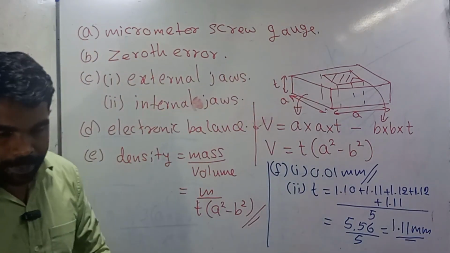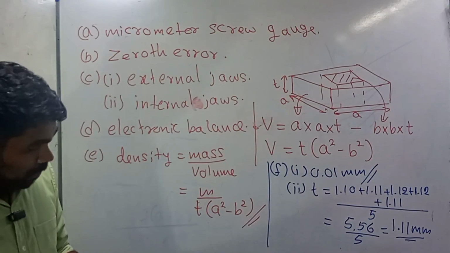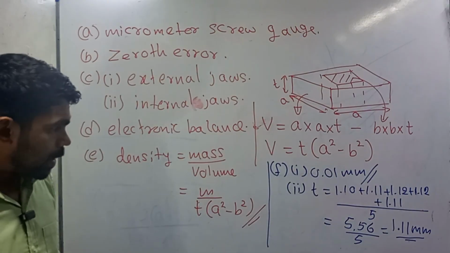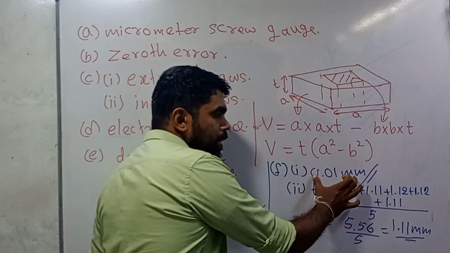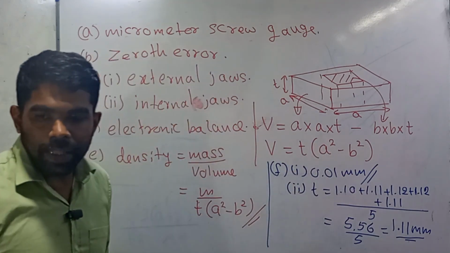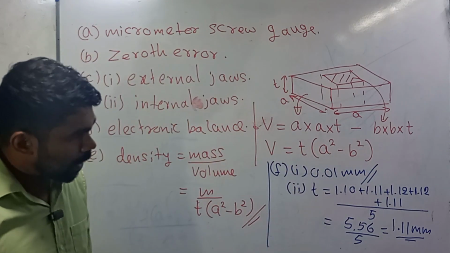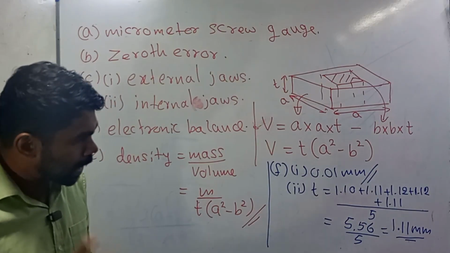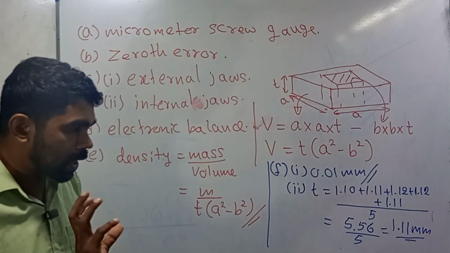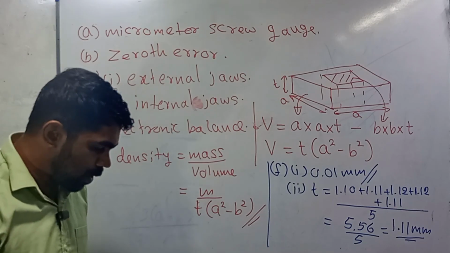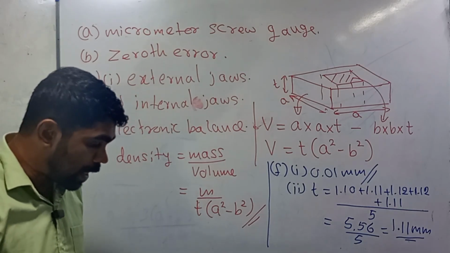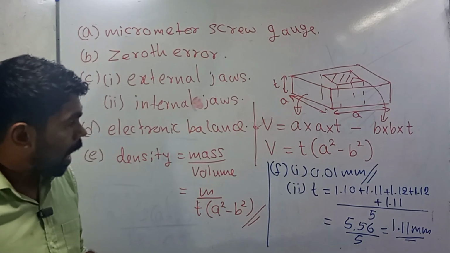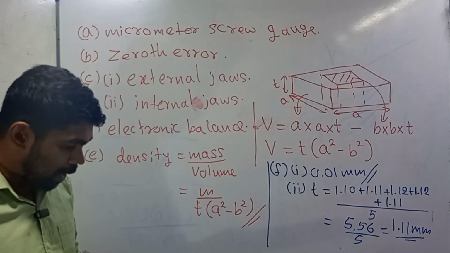It is the correct answer. We have to remember that the least count of the measuring instrument is 0.01 millimeters. Therefore, we can get all readings and all calculated lengths up to the second decimal place. We can't give the answer with 3 decimal places. Then the answer is 1.11 millimeters.